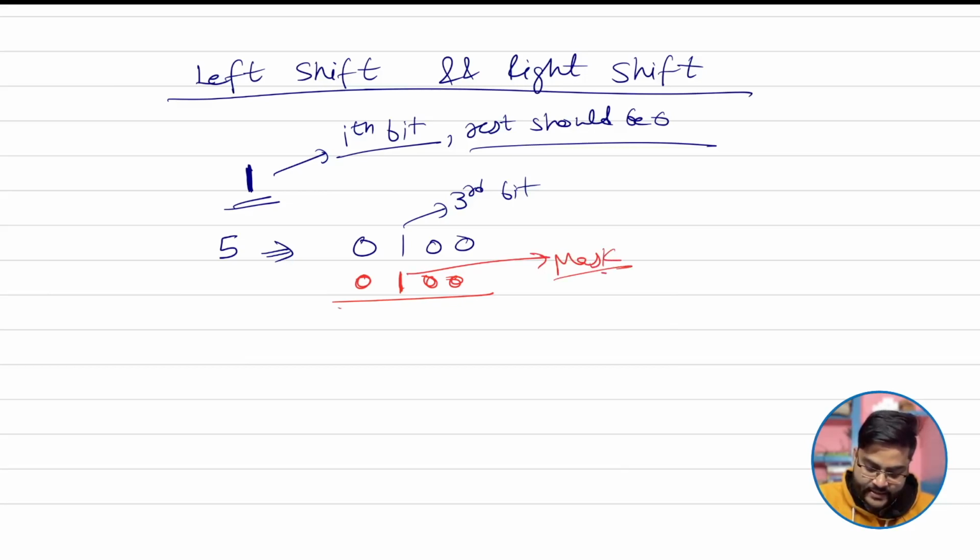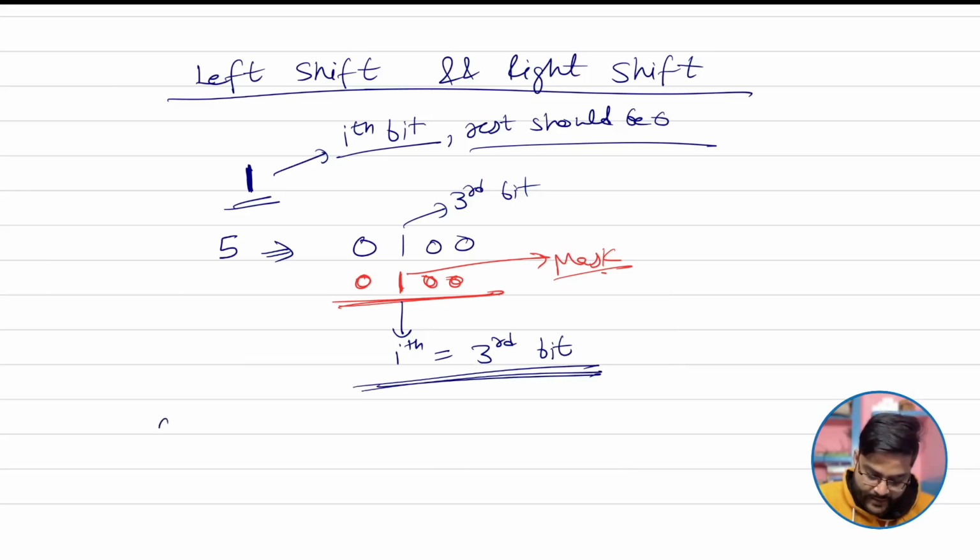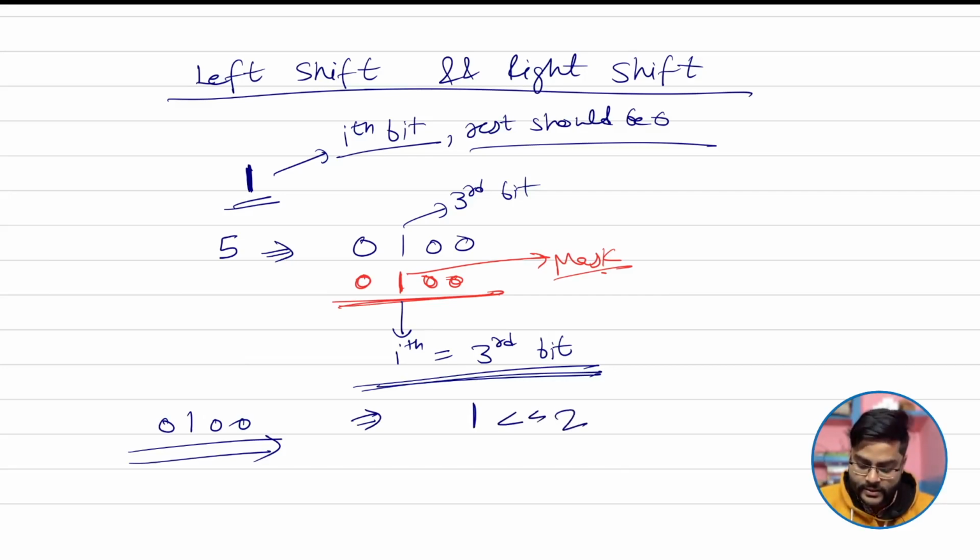How can I create that? In this, my i is third, right? And I want to find the third bit, so my mask is 0100. Now if I take 1 and do a left shift by 2 times, what will it be?